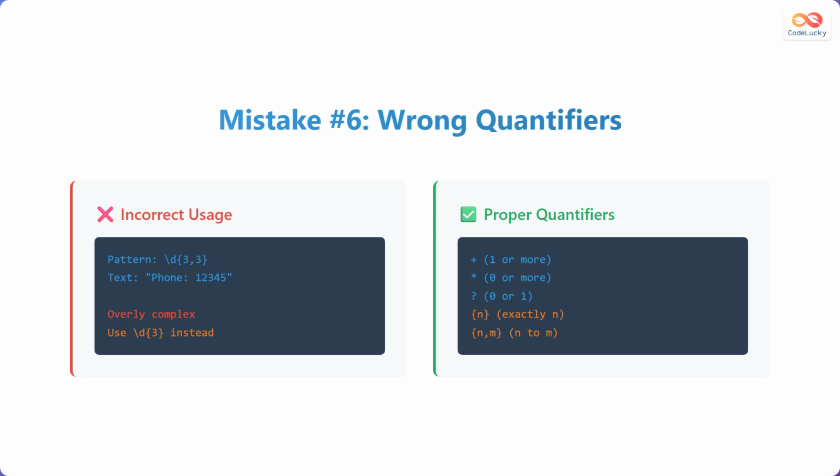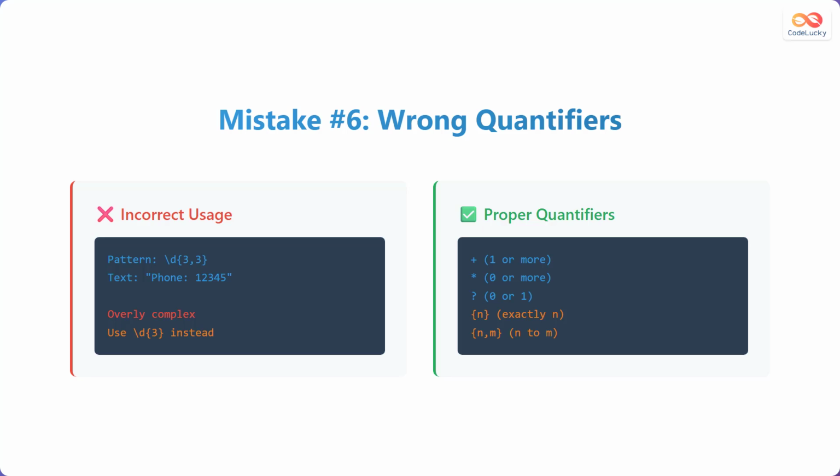Using wrong quantifiers can lead to overly complex and inefficient regular expressions. On the left, the pattern \d\d\d is used in the text phone 12345. Although it works, it is more verbose than necessary. This can be simplified using \d{3}.